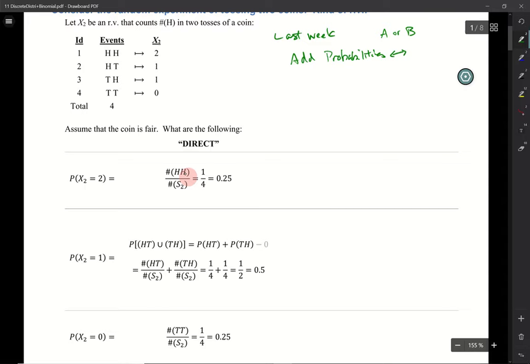A or B, that's the union. Okay? So if you have "or", that's when you should think about adding probabilities.